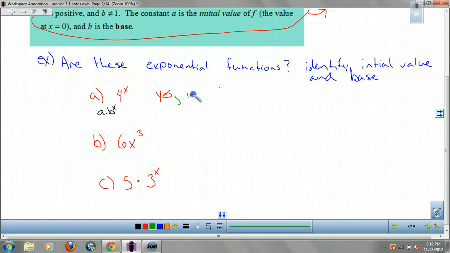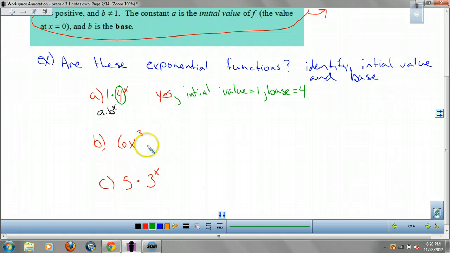So our initial value equals 1. That's our a. Our a is going to be 1 because it's 1 times 4 to the x. What's our base? Well, our base is our b, which is 4.